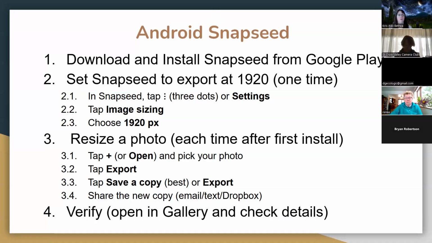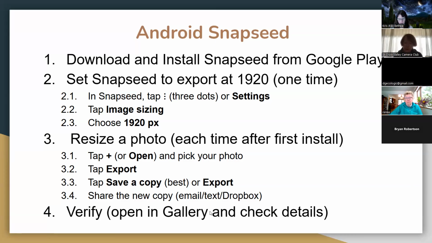It will hang on to your previous settings unless you hit reset or you get an update. And then you tap the export, save a copy, or export. Remember, don't override your original image. And then you can share the copy directly from your phone to text or to Dropbox. And then I would verify by opening it in a gallery and checking details. I have a question, sure, Chris.